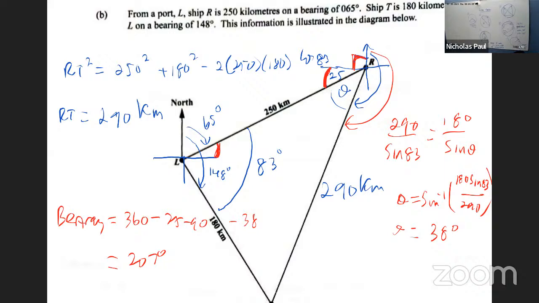Before we wrap up trig, angular elevation and angular depression.